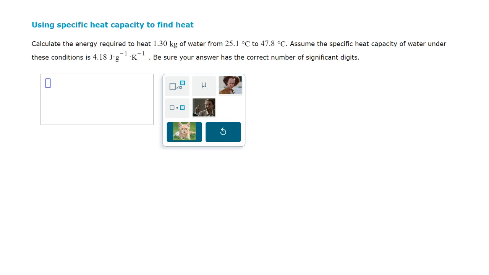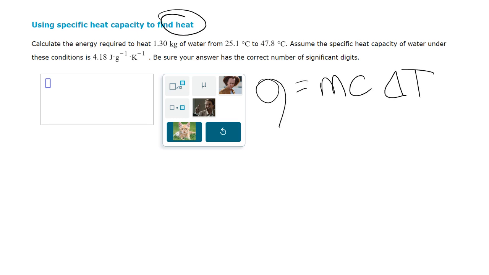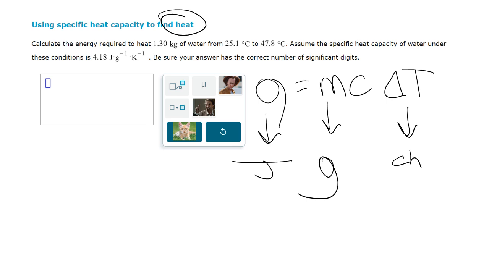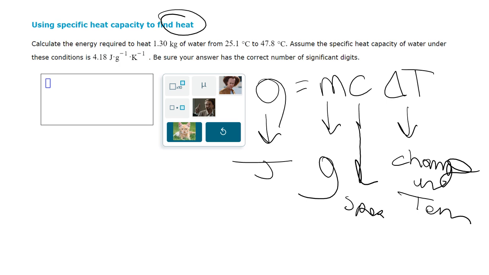And then another one that you have to do is using specific heat capacity to find heat. So Q equals M, C, change in T. Remember, Q is joules, M is grams, this is change in temp, and this is specific heat capacity.